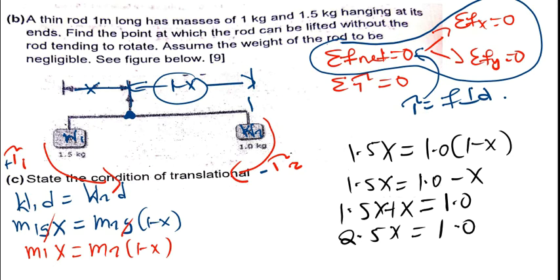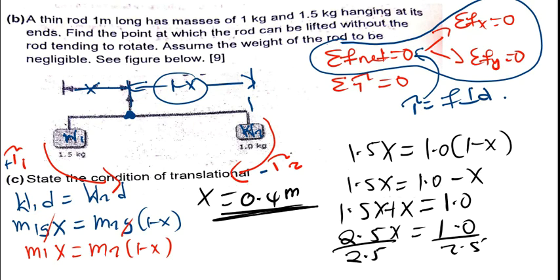So you can divide both sides by 2.5. Therefore X will be 1 divided by 2.5, that is 0.4. So it has to be placed 0.4 from the pivot. So the answer here is 0.4.